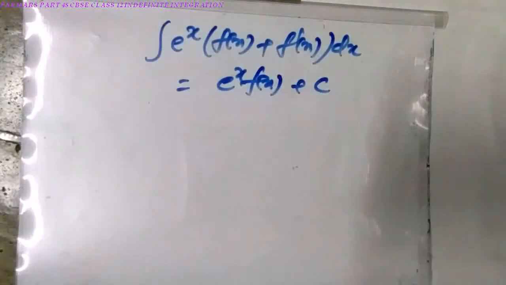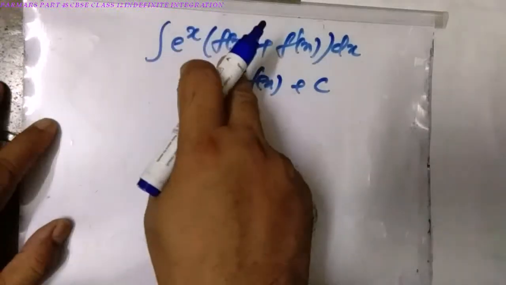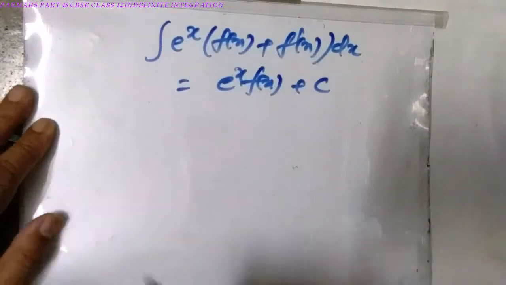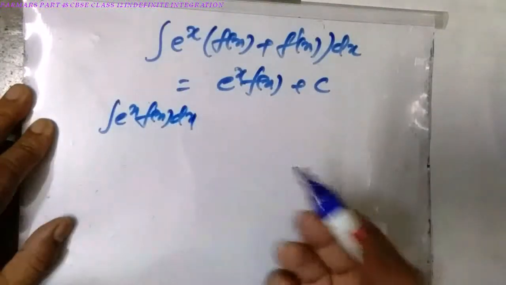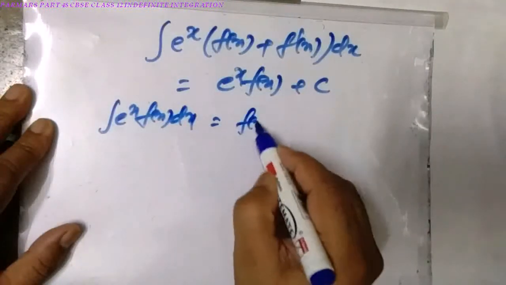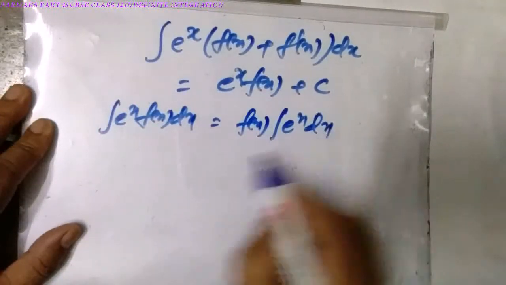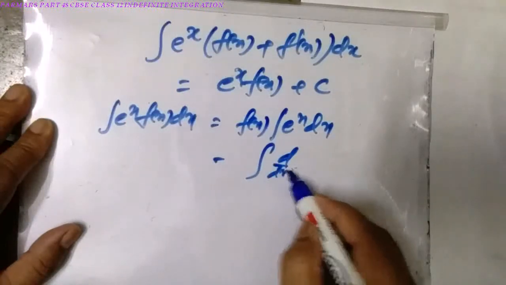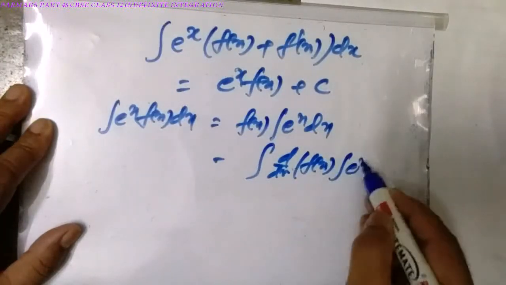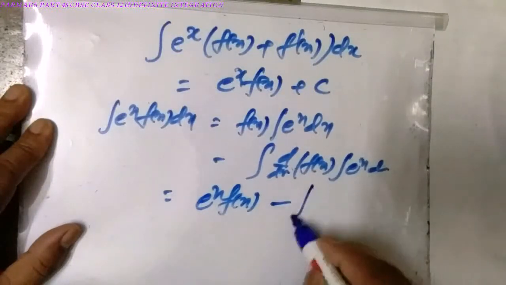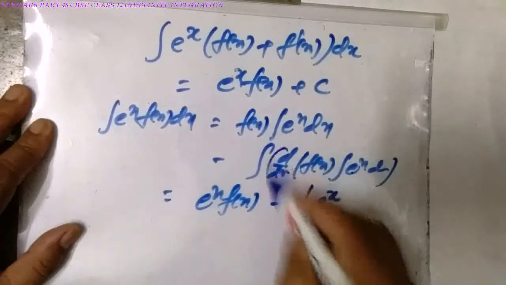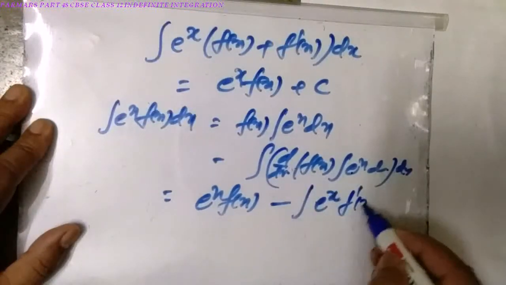But how you can get it by integrating by parts: e to the x f(x). If we have to do only e to the x f(x) by parts, we leave f(x) first, e to the x dx, and then minus d/dx of f(x) is f dash x in the next step. Okay. So what we have, e to the x f(x) minus the integration of e to the x, which is e to the x, and f dash x.